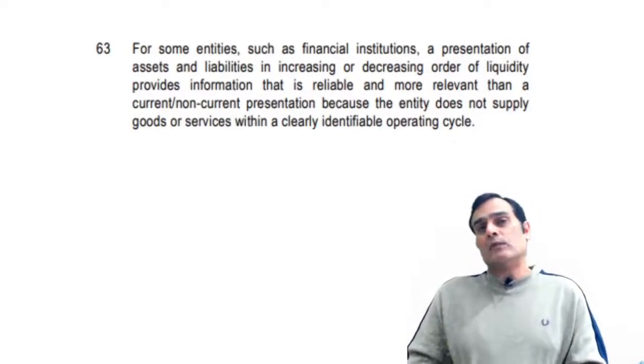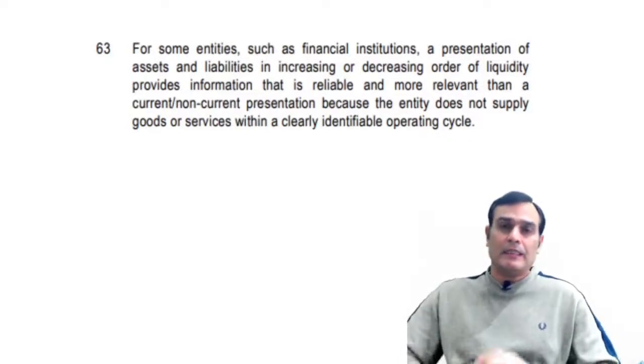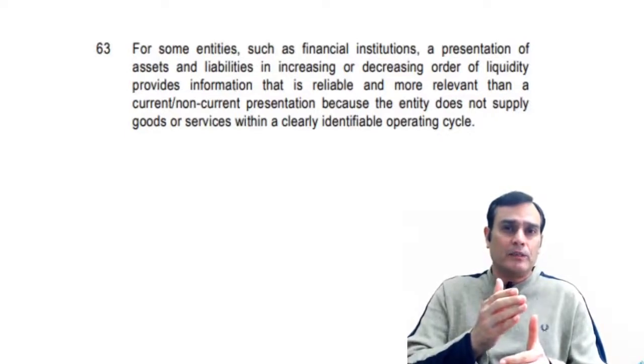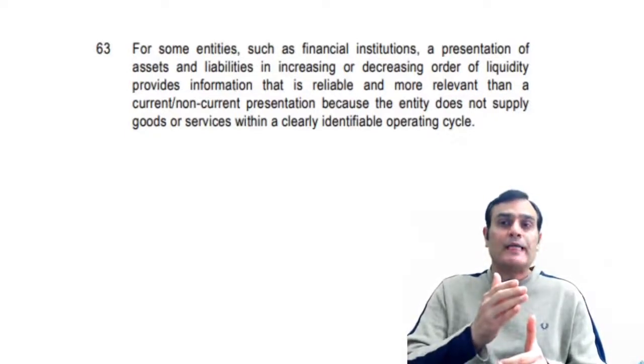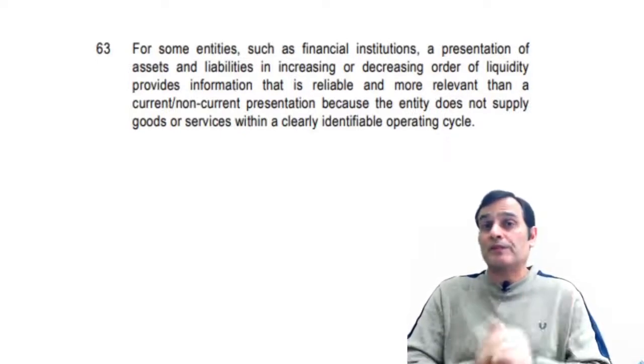Now we know that when you are presenting the assets and liability as current or non-current, the thin line of distinction is decided by the operating cycle. So when you look at the operating cycle of the entity, that decides what is current and what is non-current.